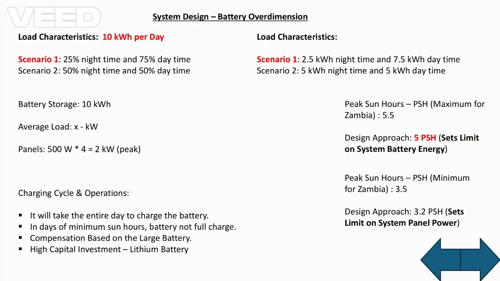So if we consider a scenario away from the traditional way of sizing solar PV panels, instead of designing a system that will match the average energy demand, overdimensioning will allow us to tap into the full potential of solar power. So in this case, we are looking at the full potential of battery overdimensioning. It can allow us to have reliability and the ability to meet the peak loads.